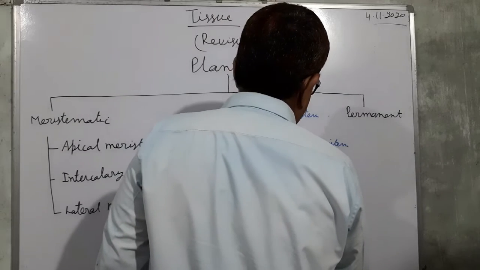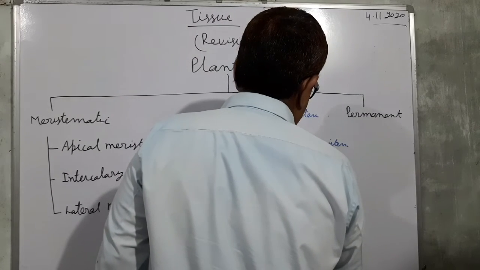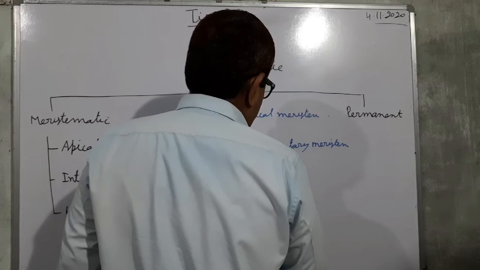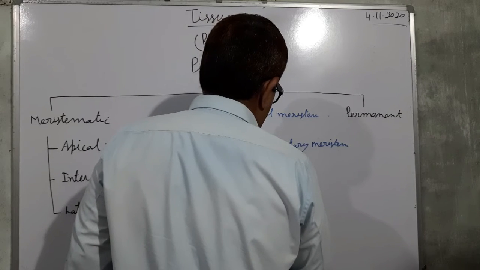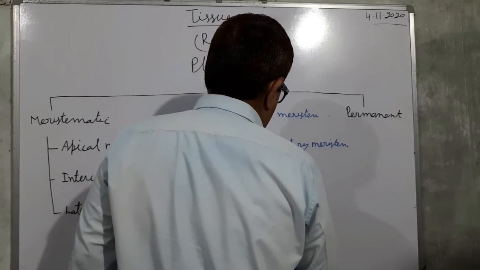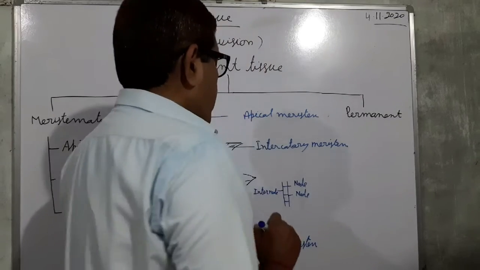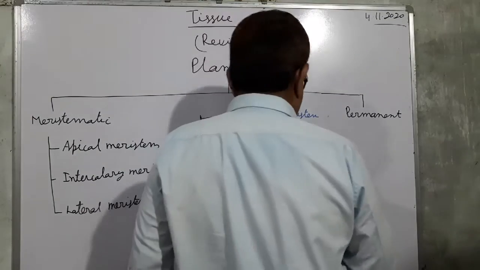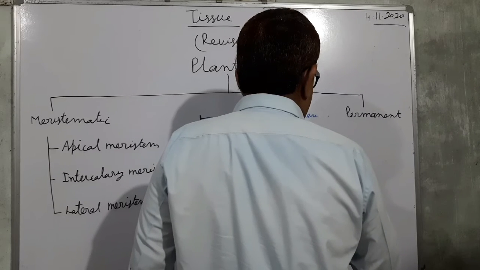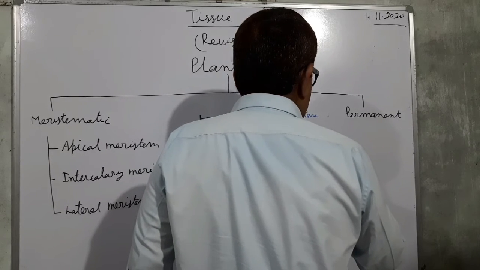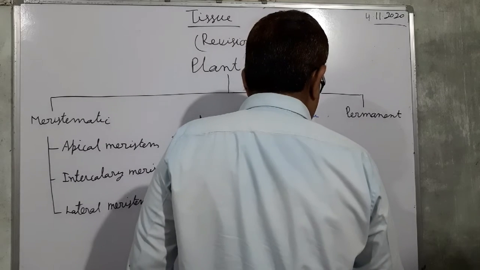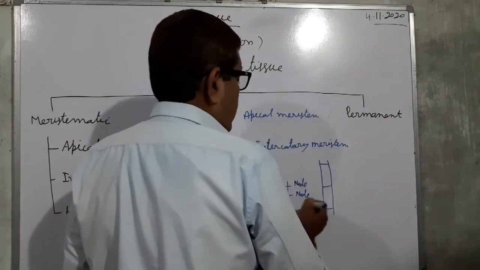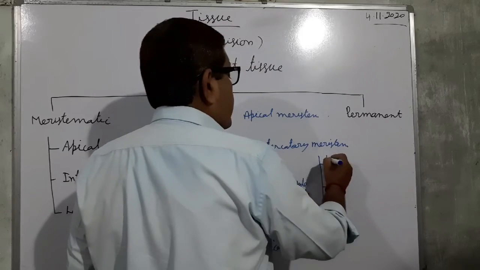This is a node, this is also a node, and in between the nodes, this portion is the internode. It is small, and in due course of time this internode increases in length.